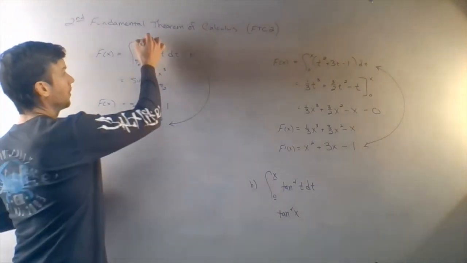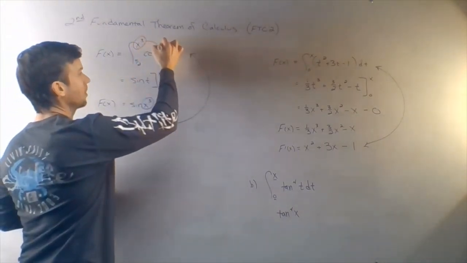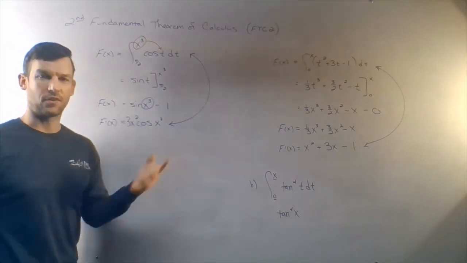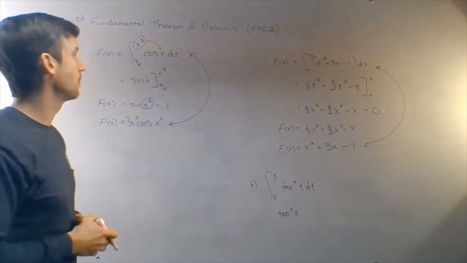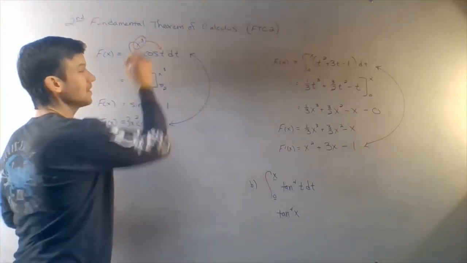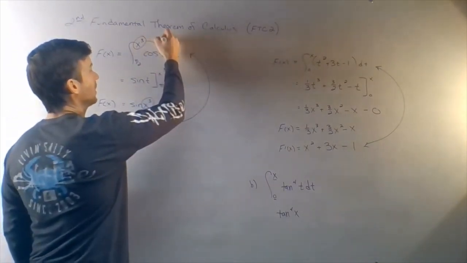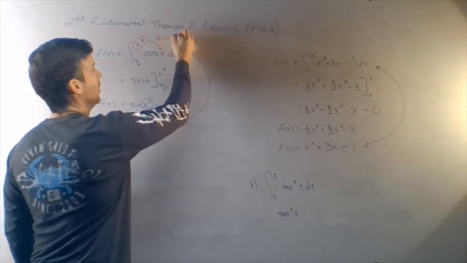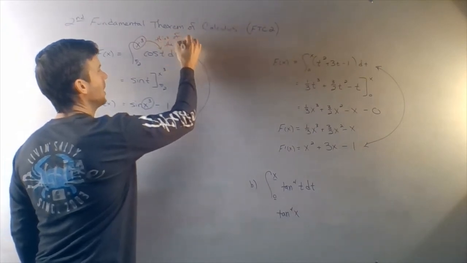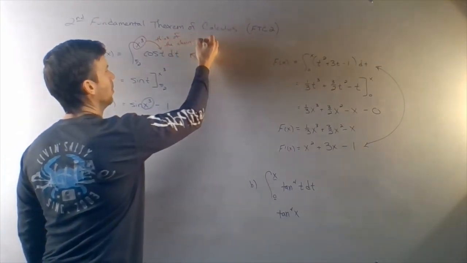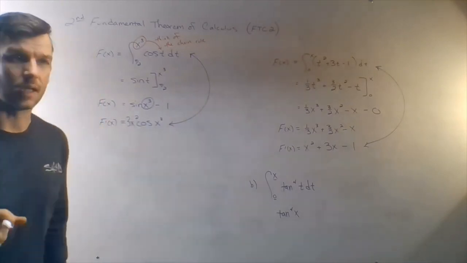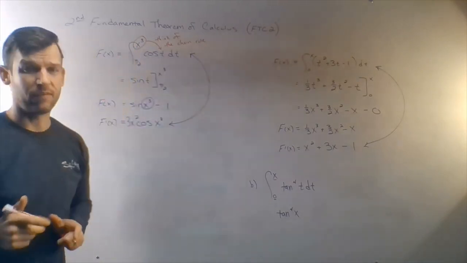Well, the second fundamental theorem says that I should be able to just plug that in. Well, there's my cosine of x to the third. So that's partially right. But because it's not just x, because it's x to the third, you need to think of the chain rule, which means not only am I going to plug it in, I'm going to multiply by the derivative of that.